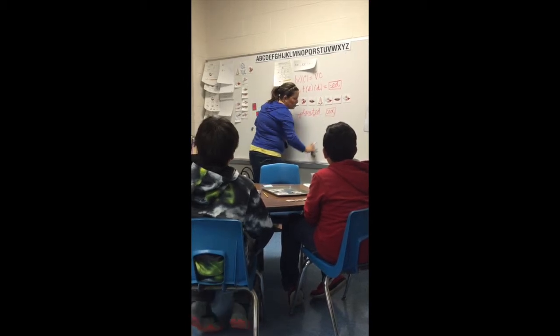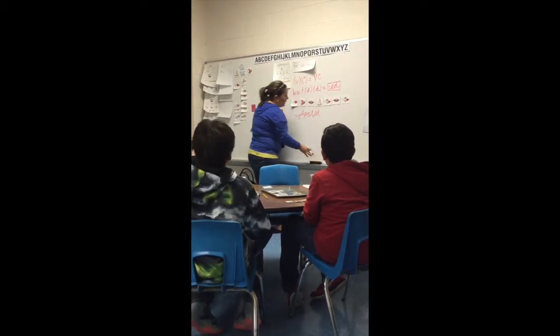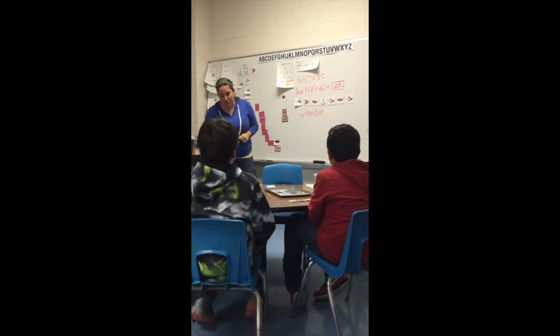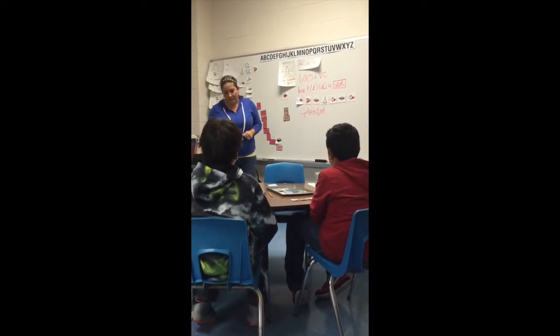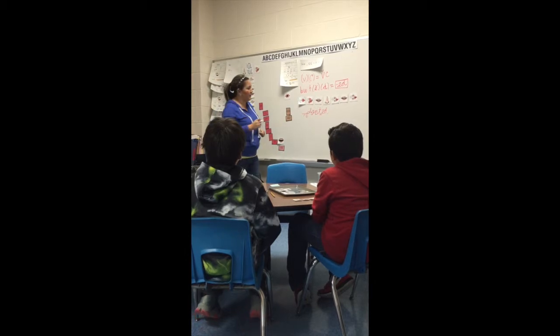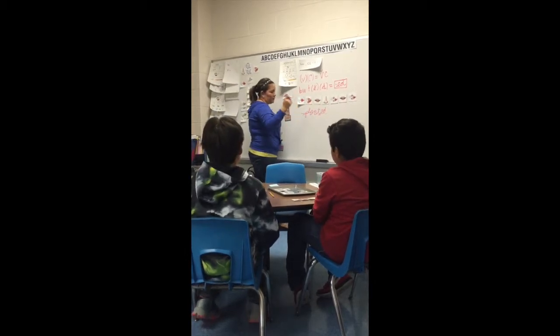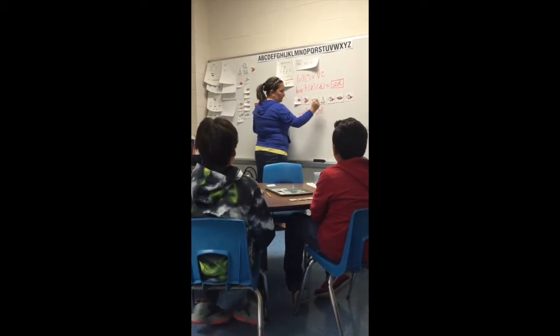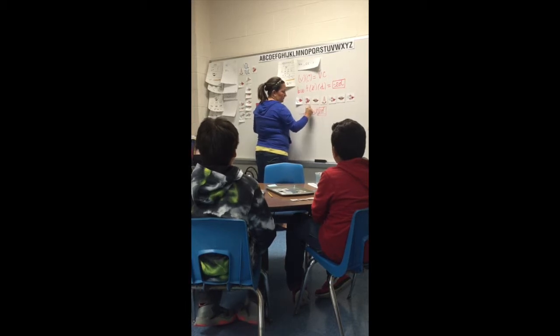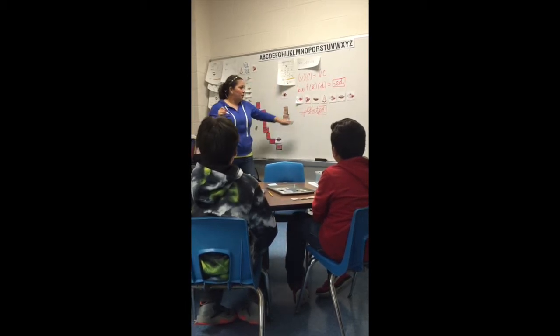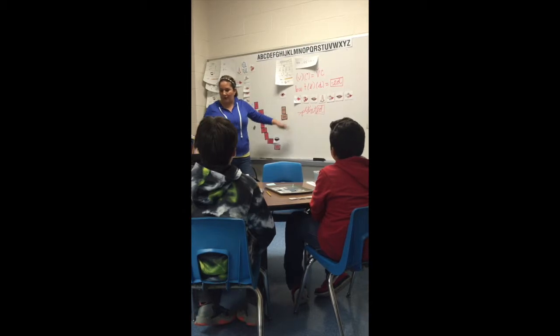P-L-A-N-T-E-D. That's right, we just add. Now I need to code and read. Here we go. What do I code first? A box with suffix ed, a vowel in a closed syllable short, coded with the breve. What's the word? Planted. Write it down.